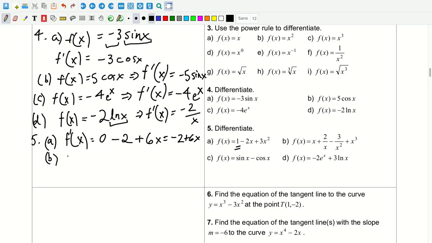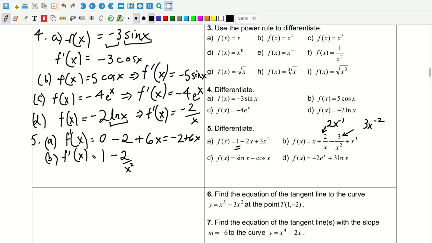Part B is a little harder because we have 2 over x. So f prime of x, the derivative of x is 1. 2 over x can be written as 2x to the negative 1, so its derivative, using the power rule, is going to be minus 2 over x squared. Now 3 over x squared can be written as 3x to the negative 2.